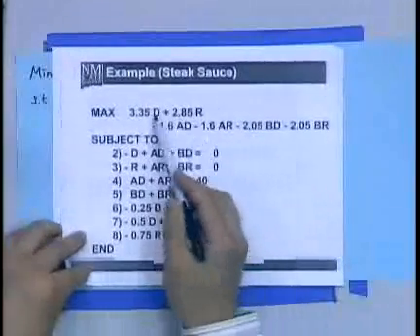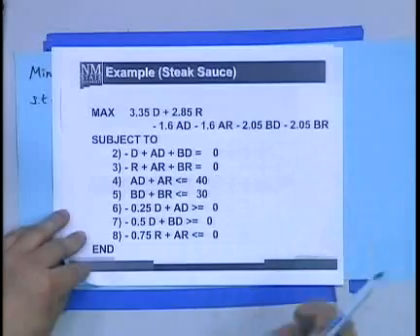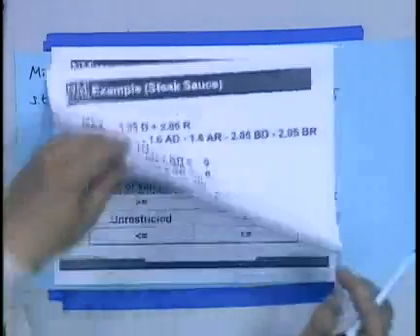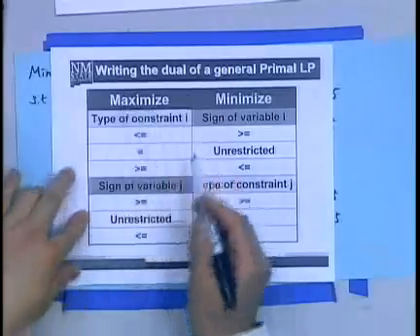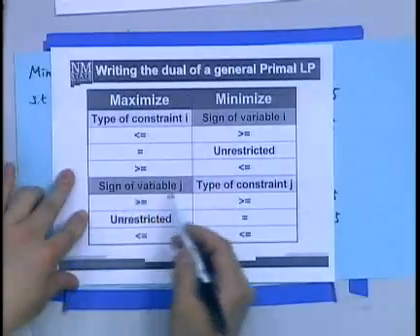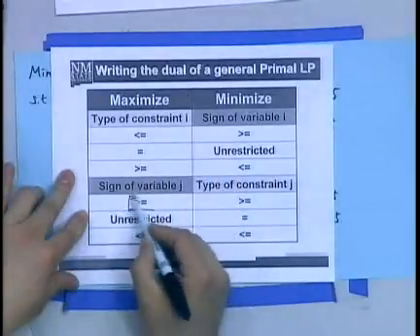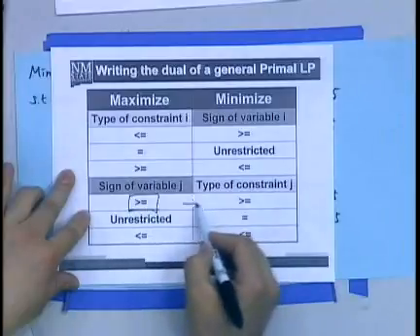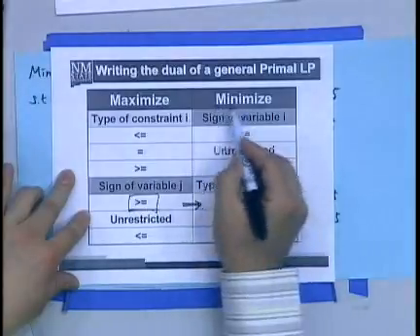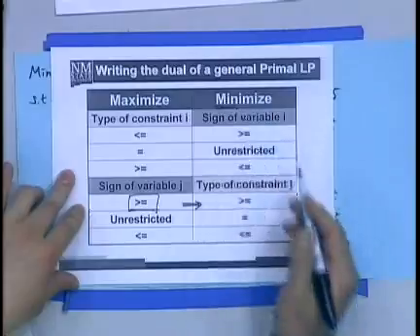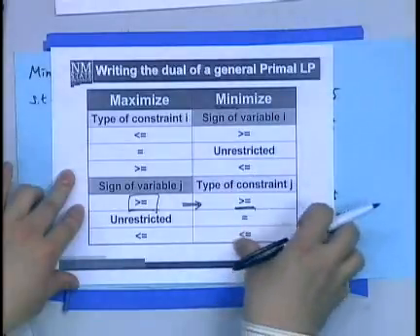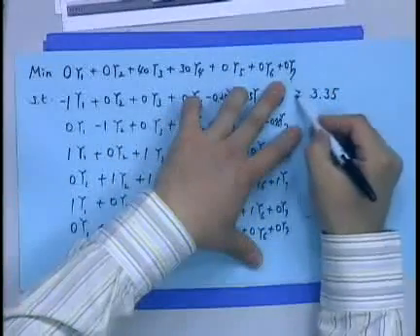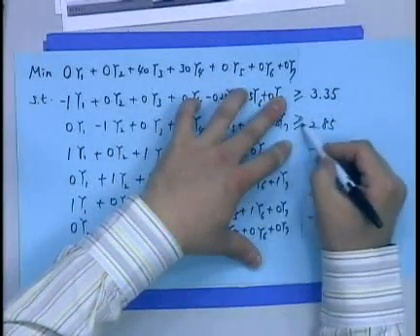Because every primal variable is non-negative in the maximization problem, every variable has a greater than or equal sign, which means in the minimization problem, every constraint should be greater than or equal, right? So it's greater than or equal.